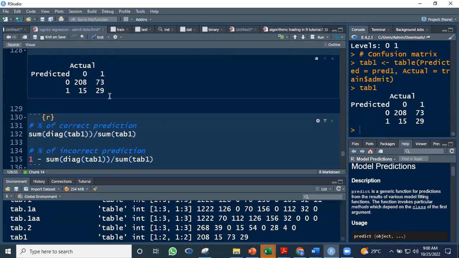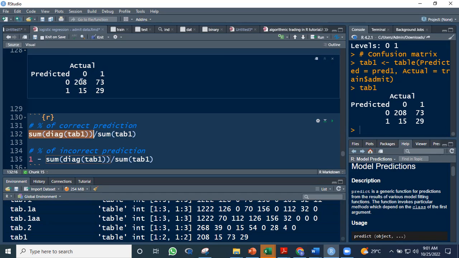Okay, so we can now compute for the ratio, proportion ng tamang prediction. So it's 208 plus 29 over the total of this, over 325. So we're going to do this. Sum natin yung diagonal ng tab 1. This is tab 1, di ba?